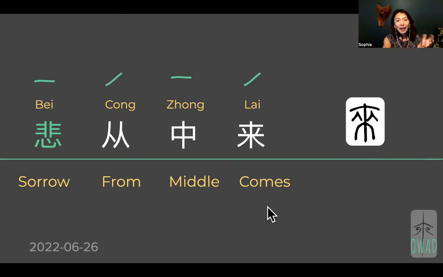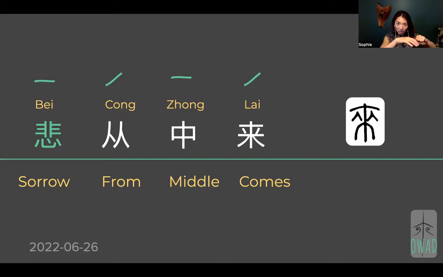So it kind of describes nothingness, because 从中来 means the sorrow comes from the middle. So this middle is an abstract middle of something. It's in the context of storytelling. So something happened to the person, and that's the middle, that's the context, right? And the sorrow comes from all of this that happened before.